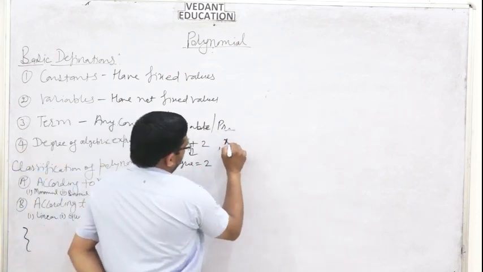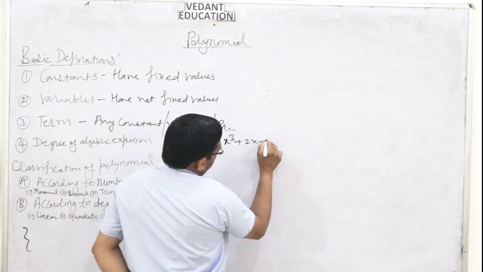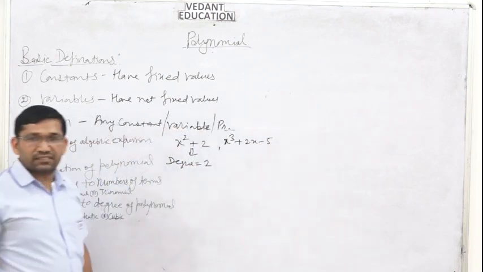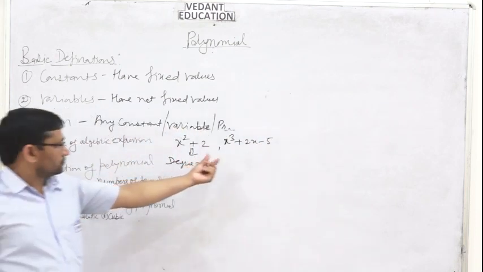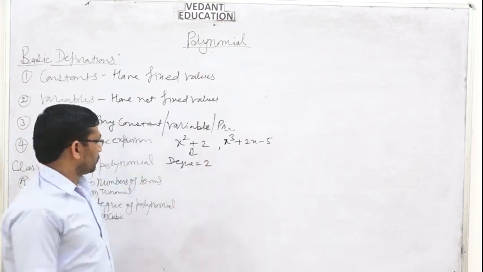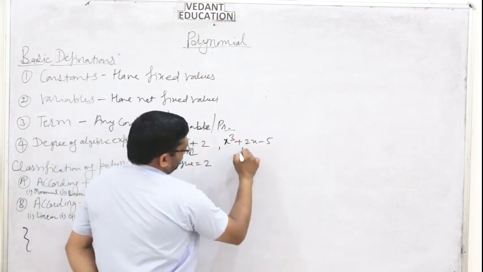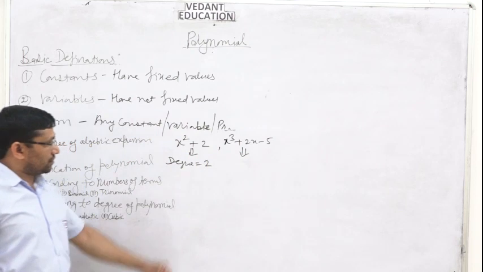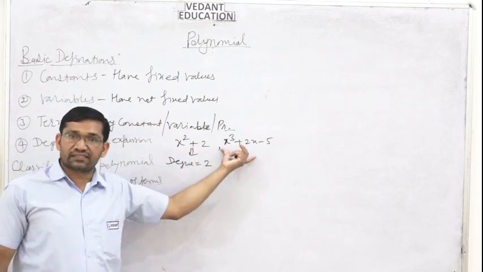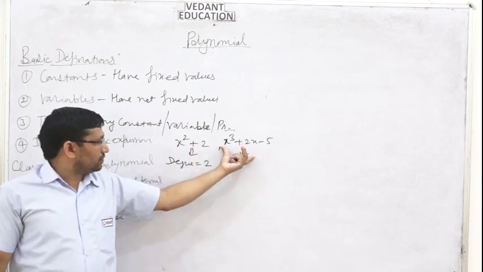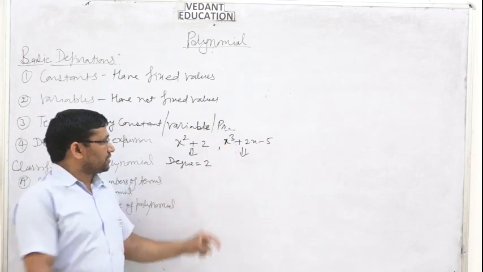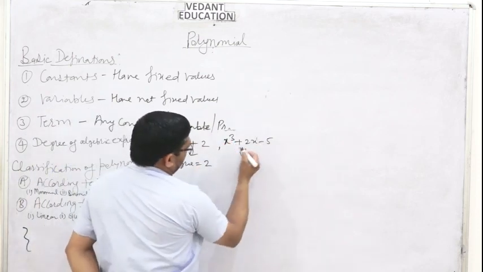Any algebraic expression, suppose x cube plus 2x minus 5. This is another algebraic expression. So for the degree of this algebraic expression, again here variable is x, and highest power of variable is 3. Here power of x is 1, here 3.